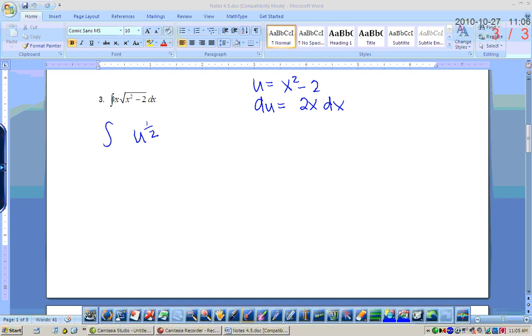I could divide by 2, or you can stick a 2 inside an integral as long as you compensate by multiplying the outside by a 1/2. That's one of your properties of integrals, that you can pull a coefficient, a number, in or out of the integral. So I'm really just multiplying by 1/2 times 2. So I have this 1/2 outside the integral, and then my 2x dx is my du.